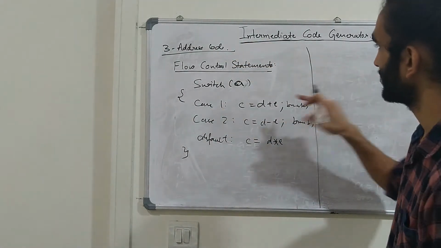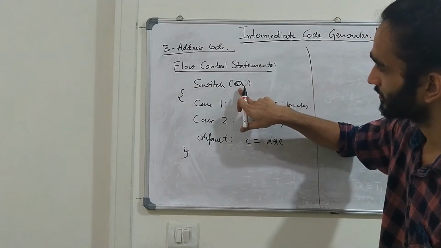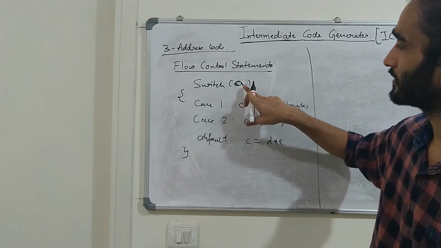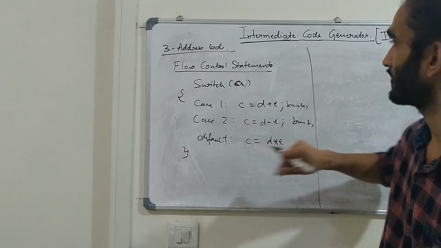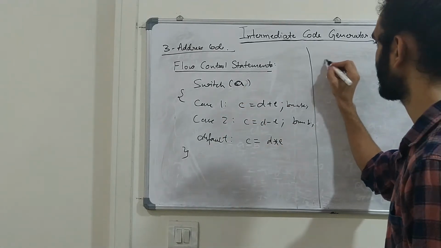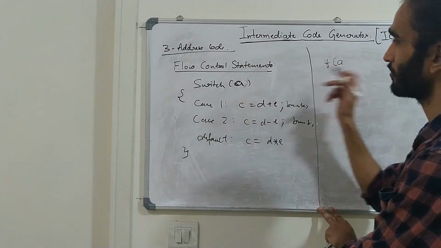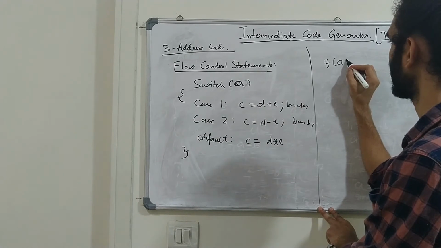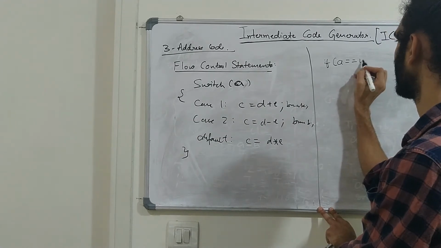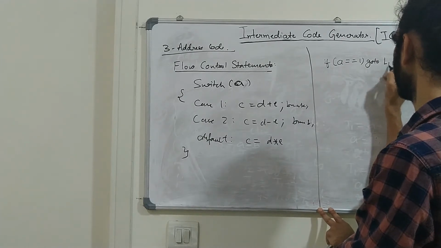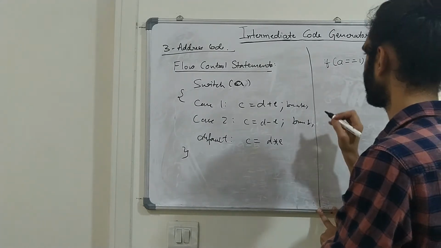So we're writing a switch statement. First, A is being compared with the cases. How many cases are there? 1, 2, and 3 cases are there. So what I'm going to write is an if statement, which is also a control jump: if A is equal to 1, go to, say, a label L1.